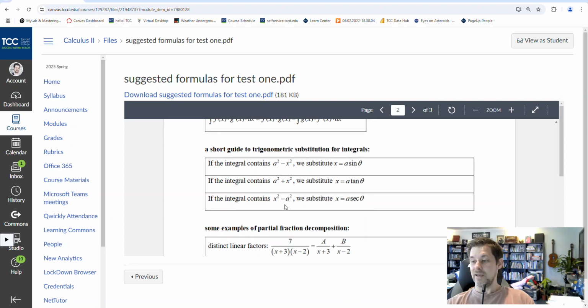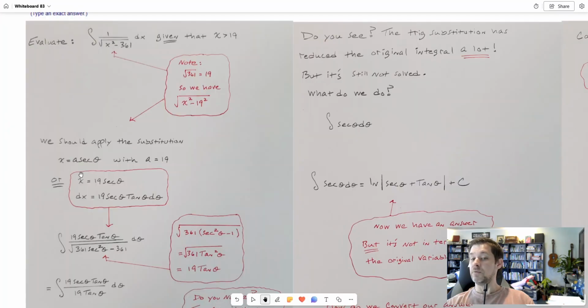In the a there, that constant's 19. So the guideline is, if the integral contains x squared minus 19 squared, which it does in our case, we substitute x as 19 secant theta. Okay, so I made my decision to do that.